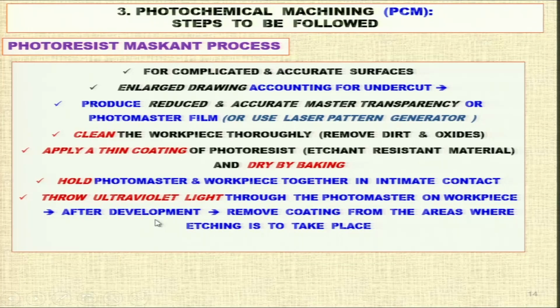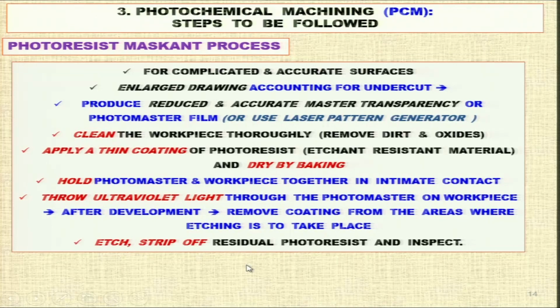After developing this, remove the coating from the areas where etching is to take place. That we have seen in the cut and peel method also, that the area from where material is to be removed has to be exposed to the agent. Etch, strip off residual photoresist and inspect.